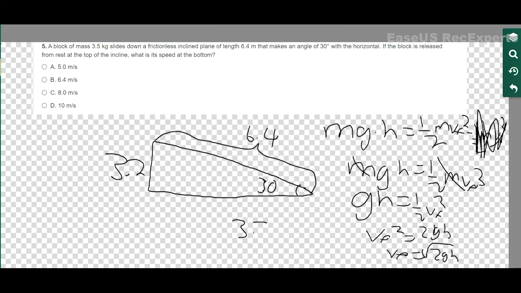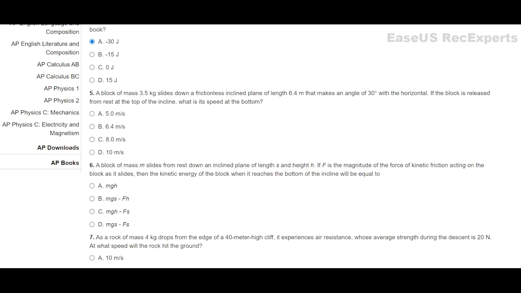So we're going to go 3.2 times 10 times 2, and we're going to take the square root of that. Now, this should give you 32 times 2, so you'll have root 64, which is equal to 8. And that is your v final, which is C.